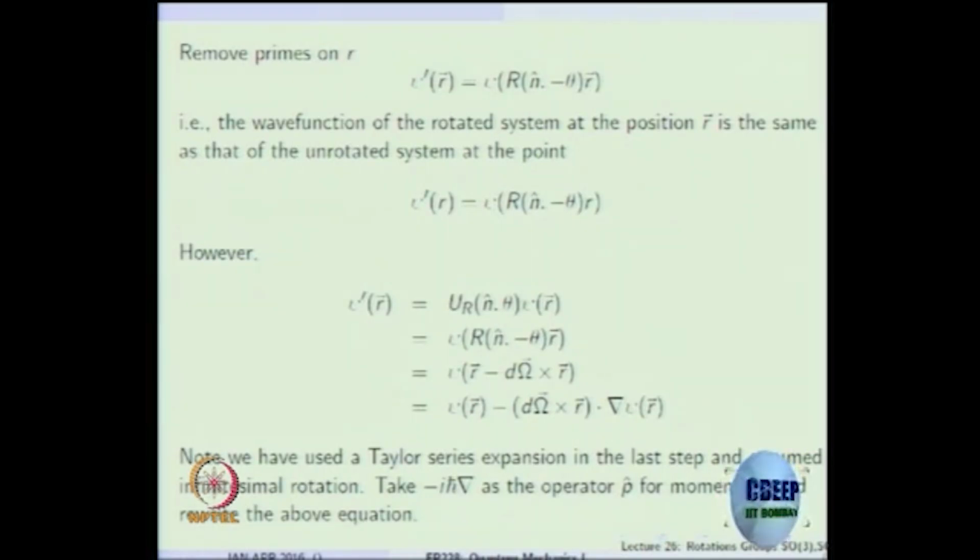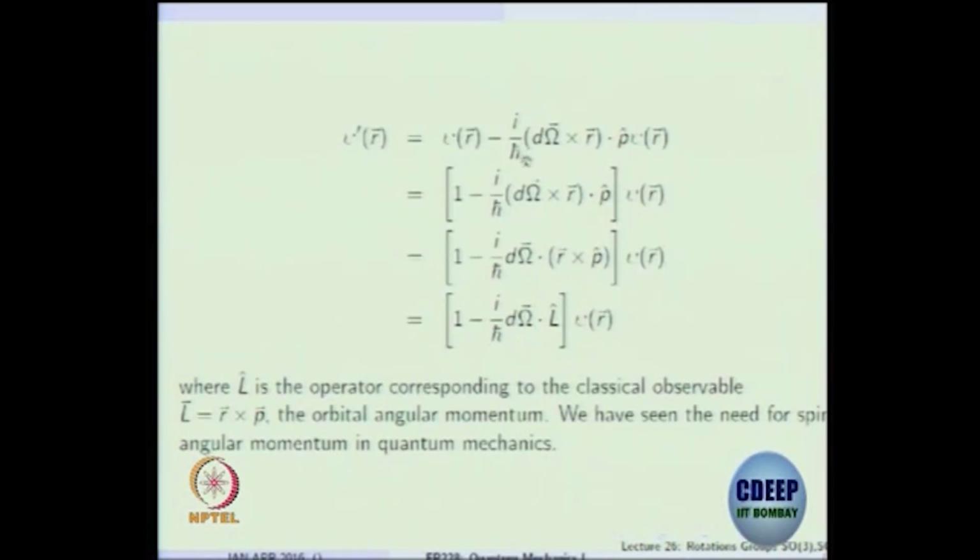This is what I left for you. What will that be? There are these in-between steps. You can take the scalar triple product, write it as d omega dotted with r cross p. r cross p is the angular momentum, orbital angular momentum. Physical rotations, when you do in physical space, what you have is only orbital angular momentum, and you get automatically the change in psi prime at the position r.